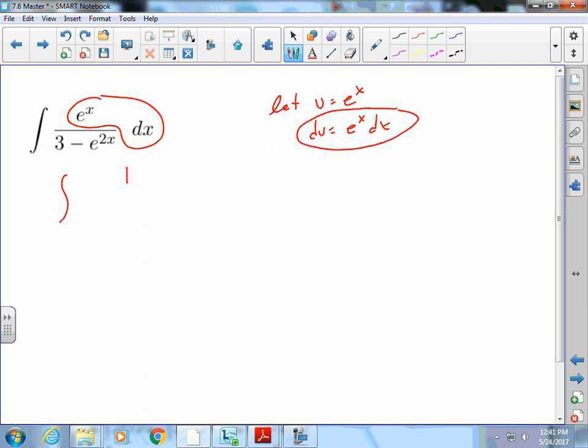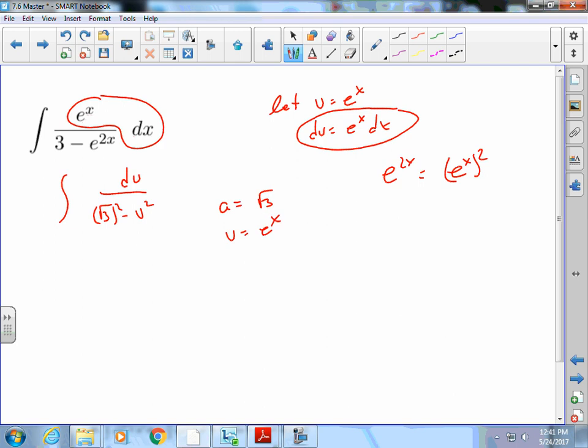So I'm looking at a du over 3 minus, well, e to the 2x is equal to e to the x squared. So I've got u squared. And 3 can be rewritten, right? 3 can be rewritten as the square root of 3 squared minus u squared. So we can say a is equal to the square root of 3, and u is equal to e to the x.